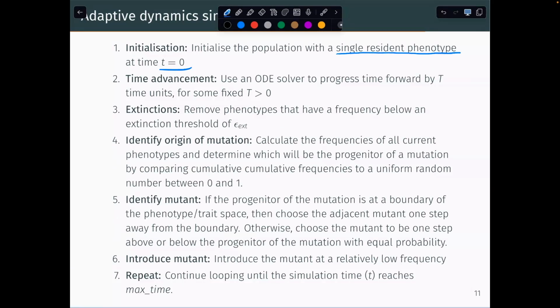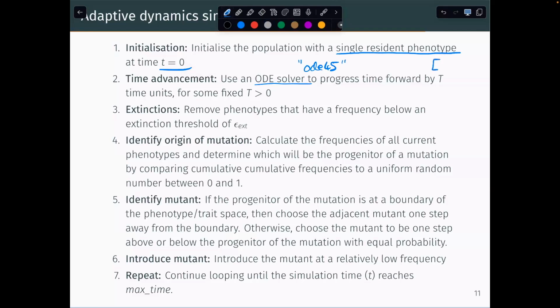And we then use our ODE solver. So for example, in MATLAB, you might use something like ODE45, or in Python, whatever you happen to use. Some ODE solver that's built in to progress time forward by capital T time units.